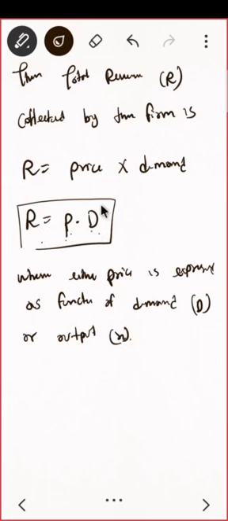Price will be a function of demand, P equal to something like that, or you may write R equal to P into X. Sometimes you have output as X, so you have to understand, depending on the question, whether they are giving it in terms of D or in terms of output, and do accordingly.